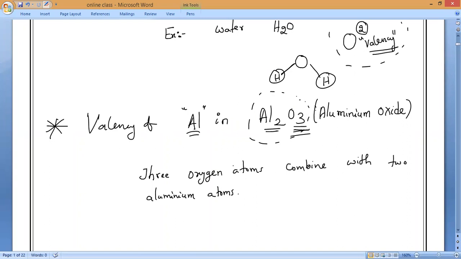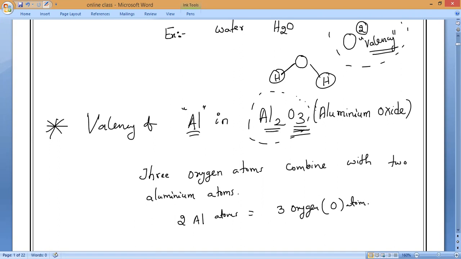Yes, sir. So in the sense of the number of oxygen atoms combined with one aluminum atom, can you tell me? Suppose 2 aluminum atoms are reacting with 3 oxygen atoms.